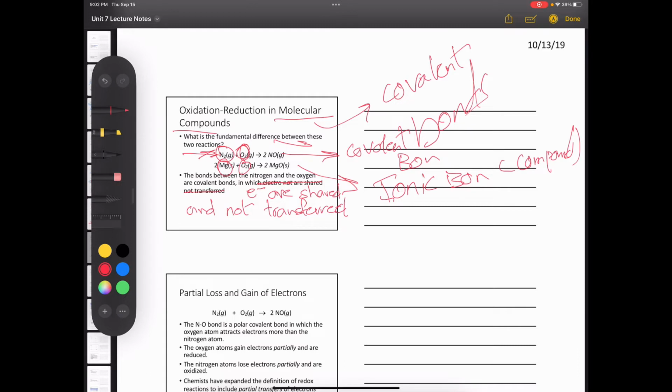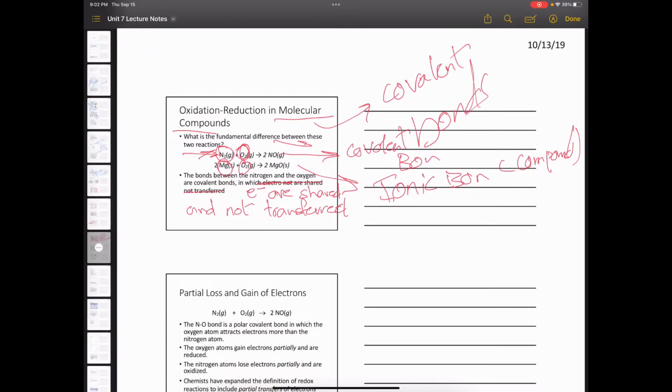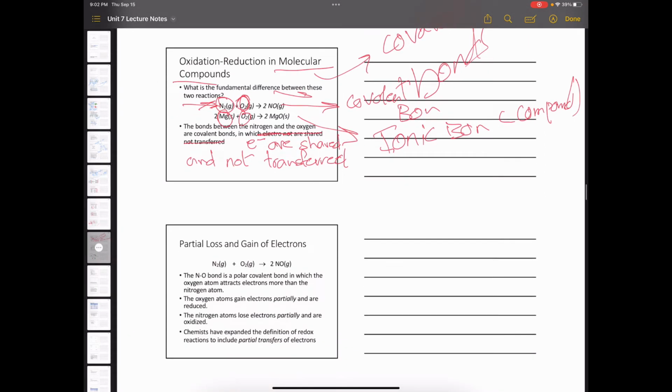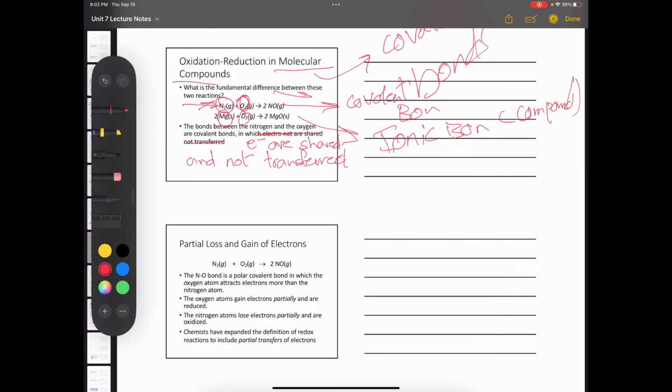So that's the main difference, or it's actually the fundamental difference between the nitrogen oxide and the magnesium oxide, that the bond is a covalent bond and the electrons are shared and not transferred. So what we have been calling gaining and losing of electrons, in this case of nitrogen and oxygen, it's a partial loss and a partial gain of electrons.